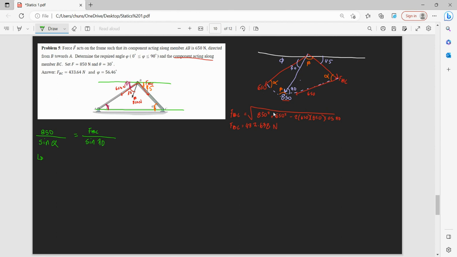So let's see, that will give us, divide by sine 30, so that gives sine alpha equals 0.9800. That means alpha is equal to 78 degrees.